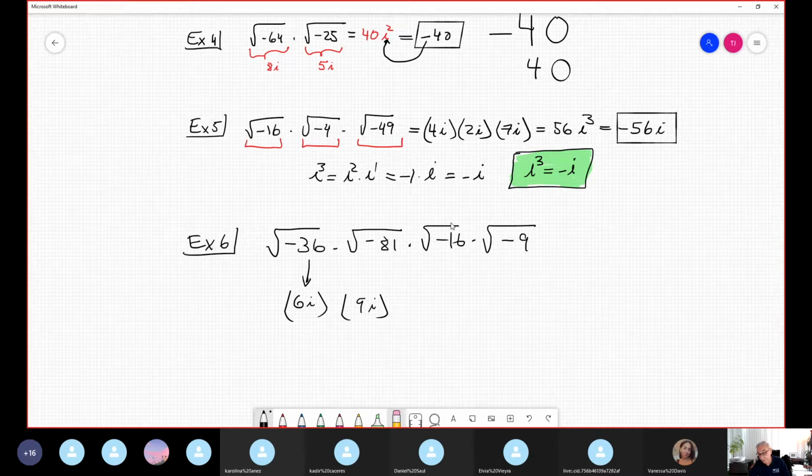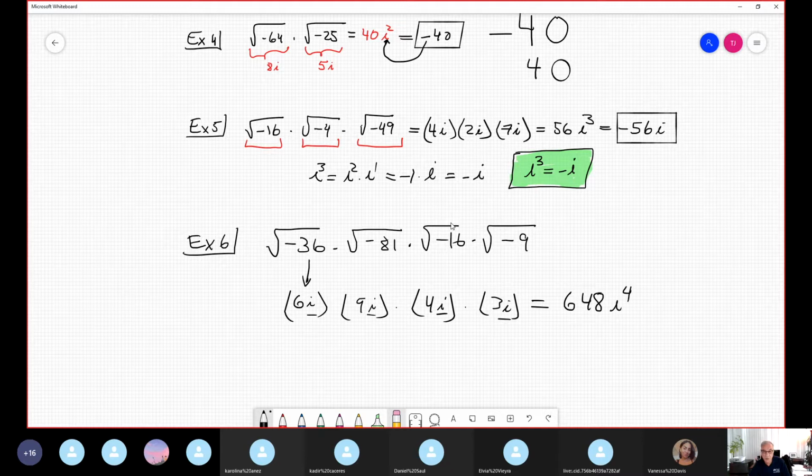Square root 81, everyone knows it's 9. This is 4i, and this is 3. Put it in a calculator: 6 times 9 is 54, times 4 times 3 is 648i to the 4th power, because we have 1, 2, 3, and 4.